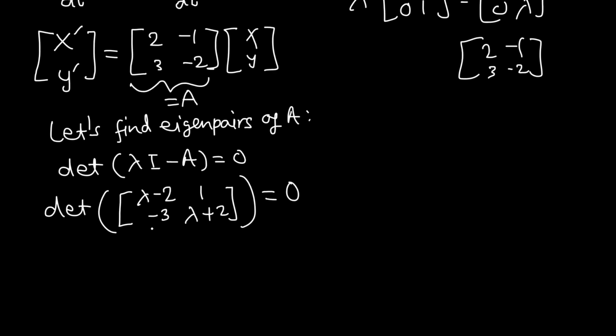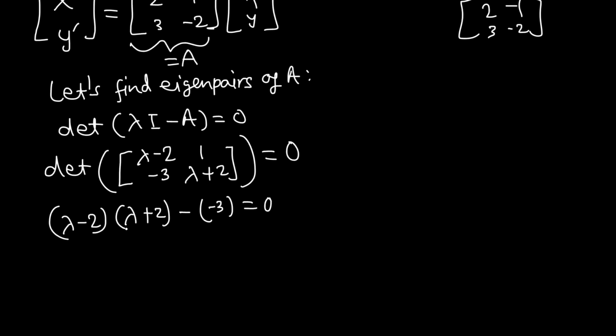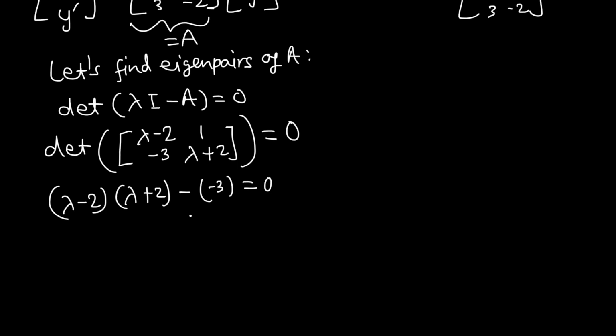Let's find the determinant. So we just multiply these diagonal elements minus this product. So lambda minus 2 times lambda plus 2 minus -3 times 1, -3, equals 0. Okay, let's solve this polynomial equation.